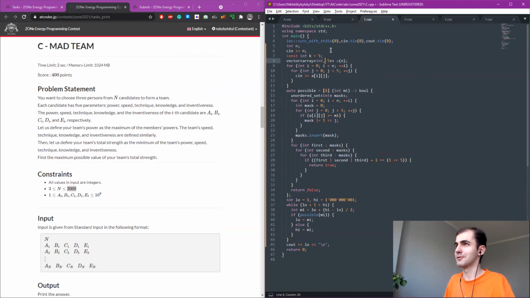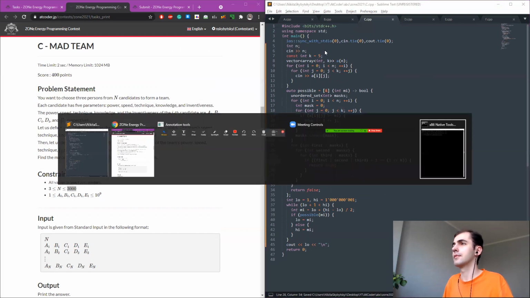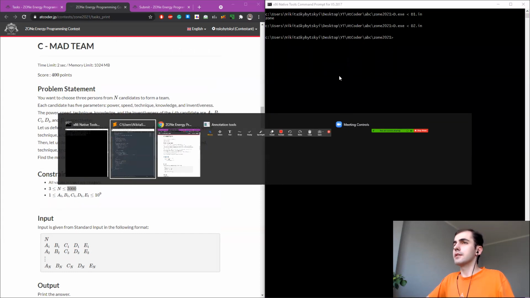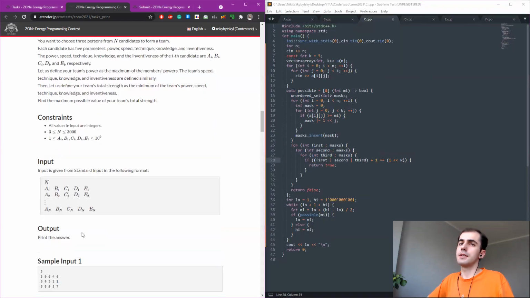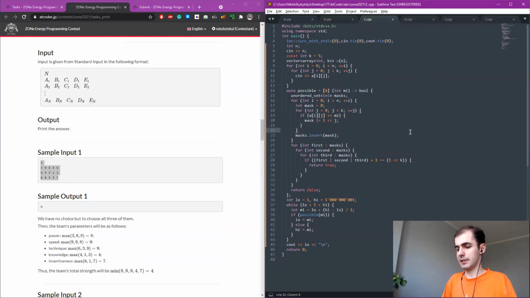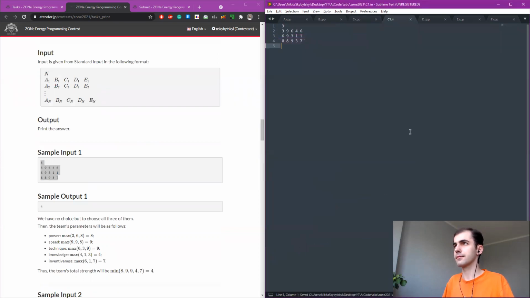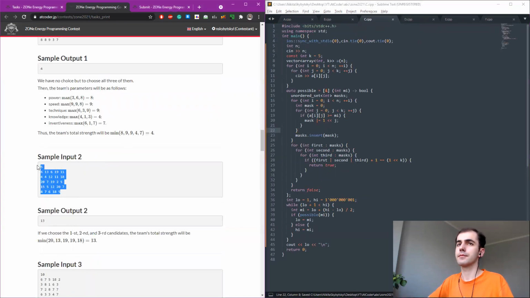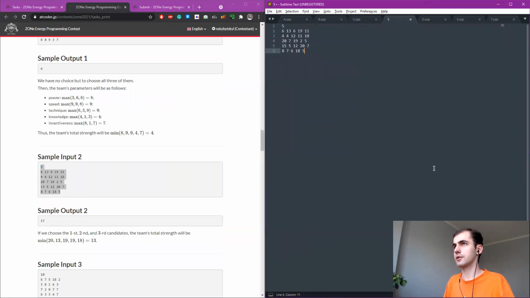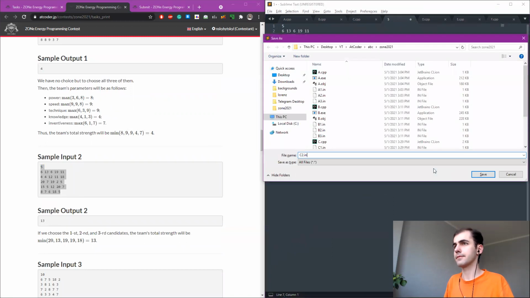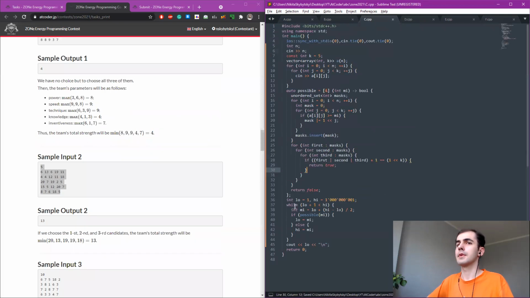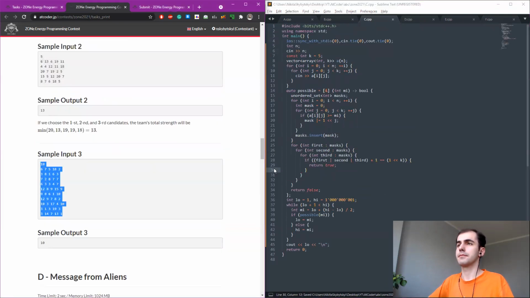K equals 5. Oh, I didn't copy the test cases. That's why we need some sort of automated script. First of 4, so team and 10.